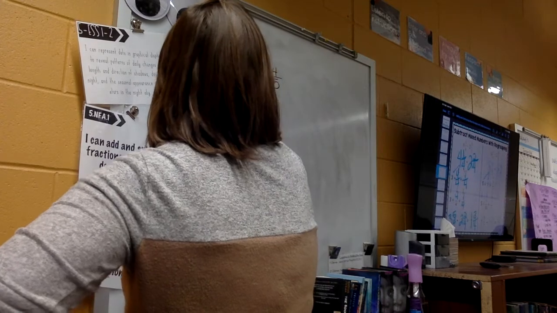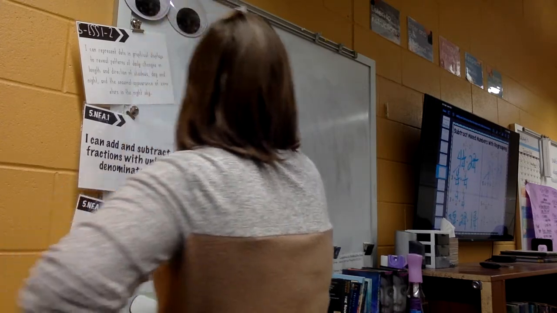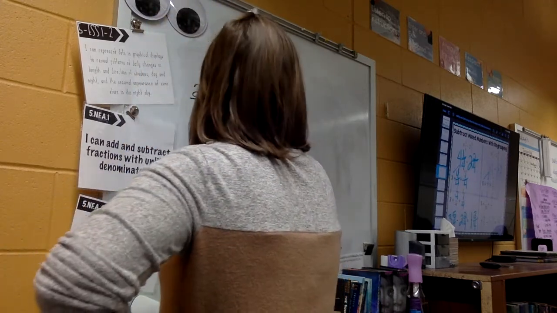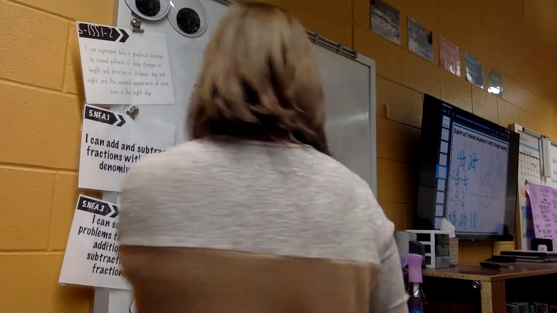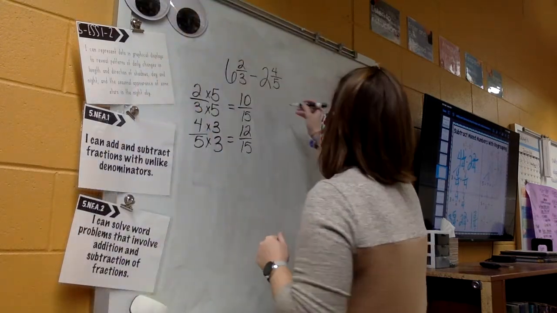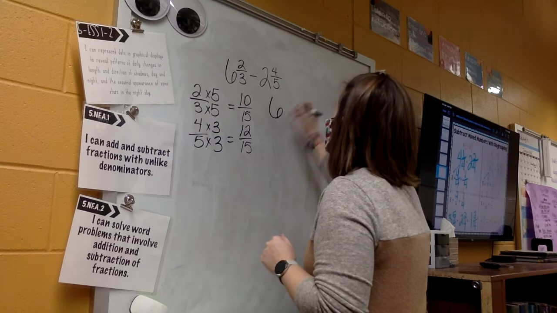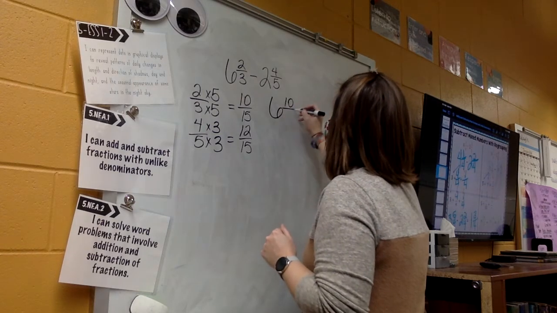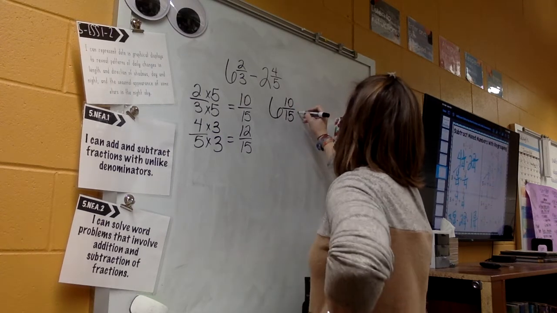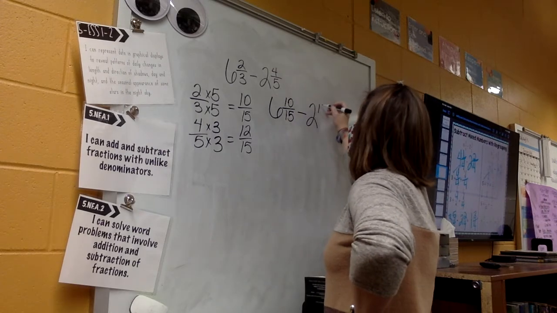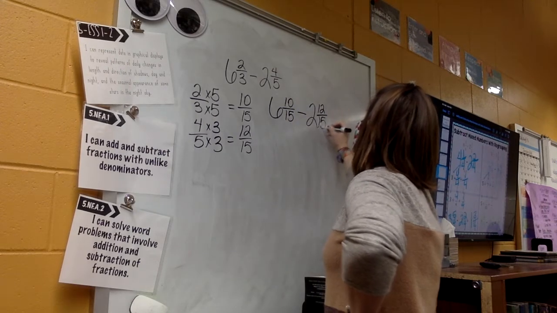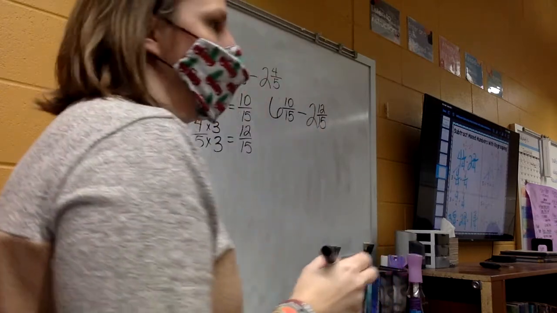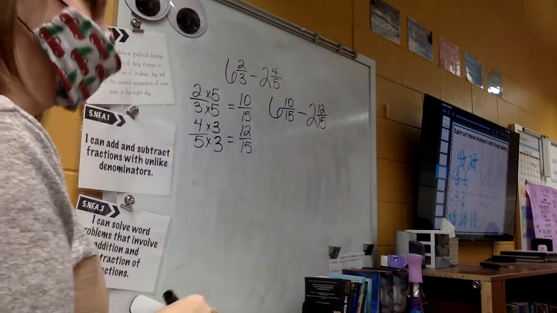What's my new numerator up here? 10. How about down here? 12. Okay. So I have now 6 and 10/15 minus 2 and 12/15. I can't do 10 minus 12.